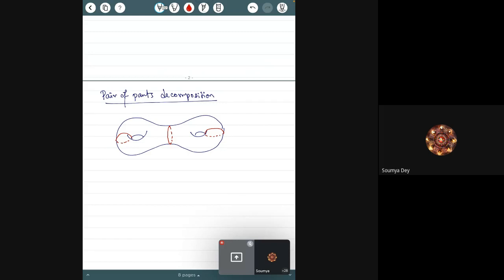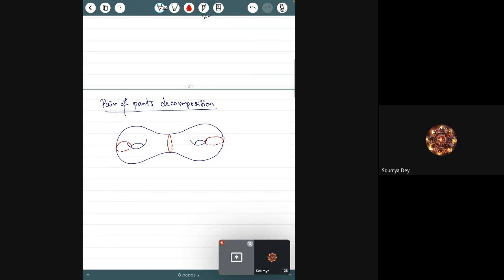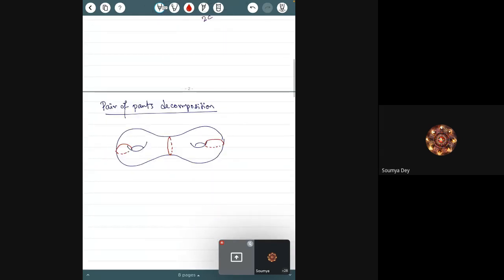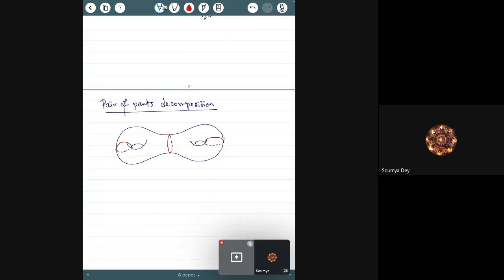There is no geometry here. It's a topological construction. Okay. So now you see, suppose out of these pairs of pants, you want to come up with a hyperbolic surface. What you will do, right? So you want to go backwards.